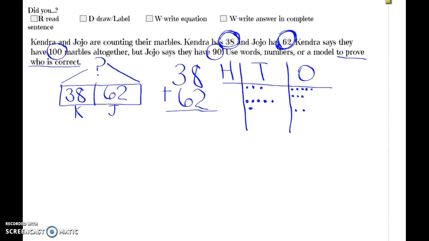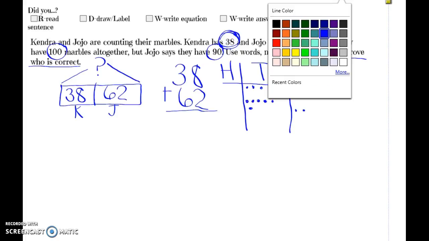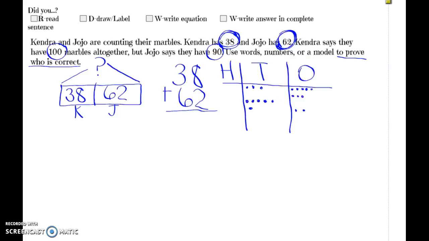All right, let's take a look at our ones place. I know that 8 and 2 are friendly numbers and they automatically make a 10. So I'm going to make that bundle of 10. So there is 10 right there. I'm going to move that new unit to the tens place.